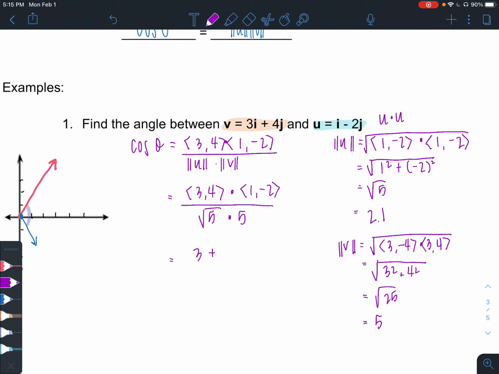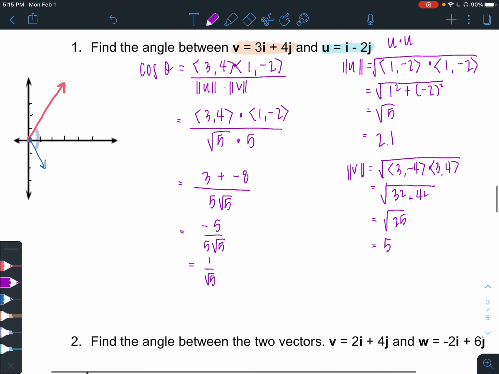So we have 3 plus negative 8 over 5 radical 5, equals negative 5 over 5 radical 5. And we'll write it as negative 1 over radical 5.